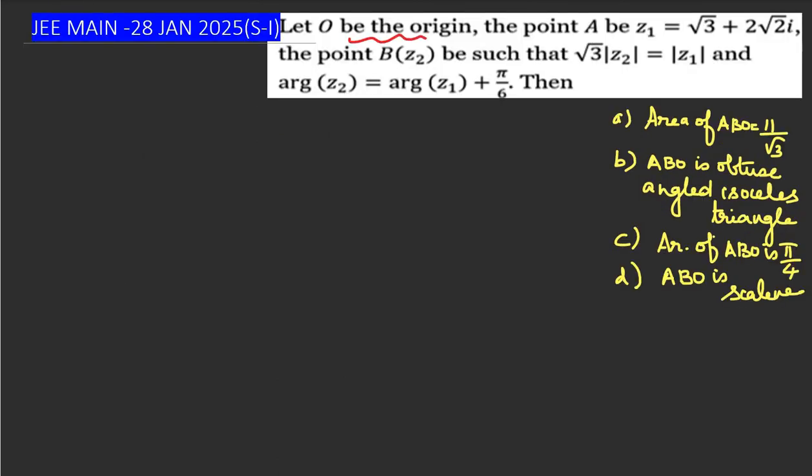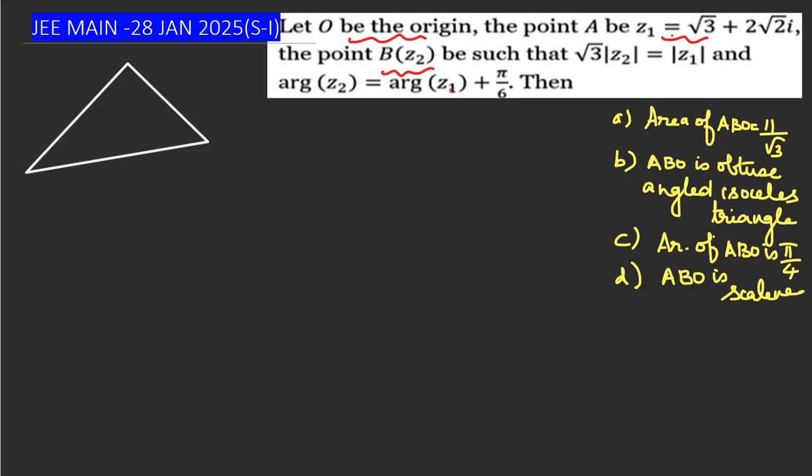Let O be the origin. Point Z1 is given and the point Z2 is such that root 3 times modulus of Z2 is equal to Z1, and argument of Z2 is equal to argument of Z1 plus pi by 6. So this question represents these 3 points Z1, Z2, Z3 forming a triangle.